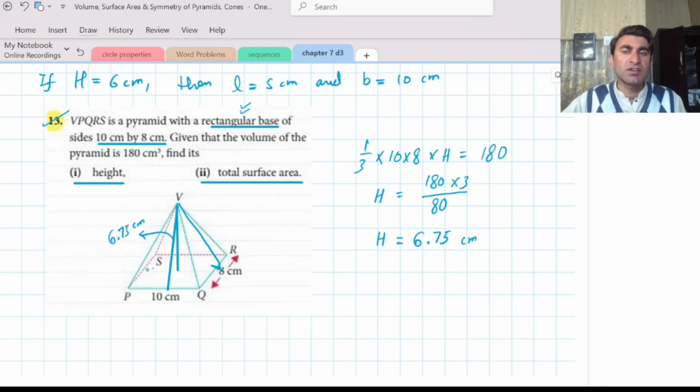And for that, first we will draw a line parallel to PQ over here. As we know, PQ was 10 centimeters, so each side of this will be definitely 5. So we can directly find the first slant height over here with the help of Pythagorean theorem, because we are to find the hypotenuse of this triangle.